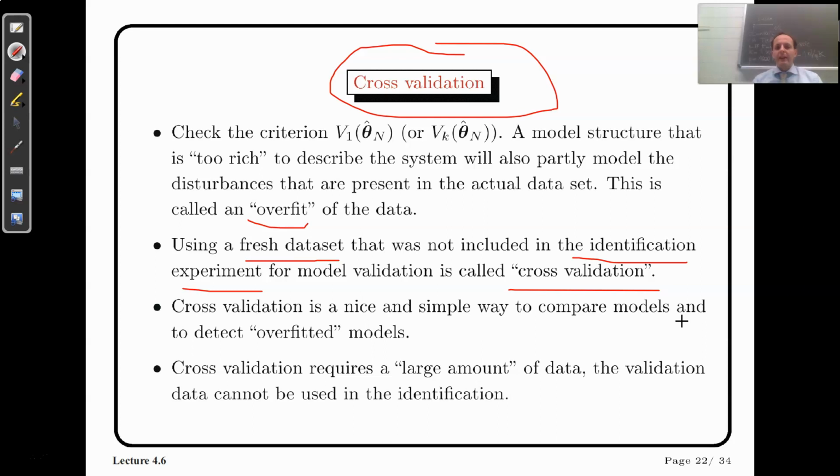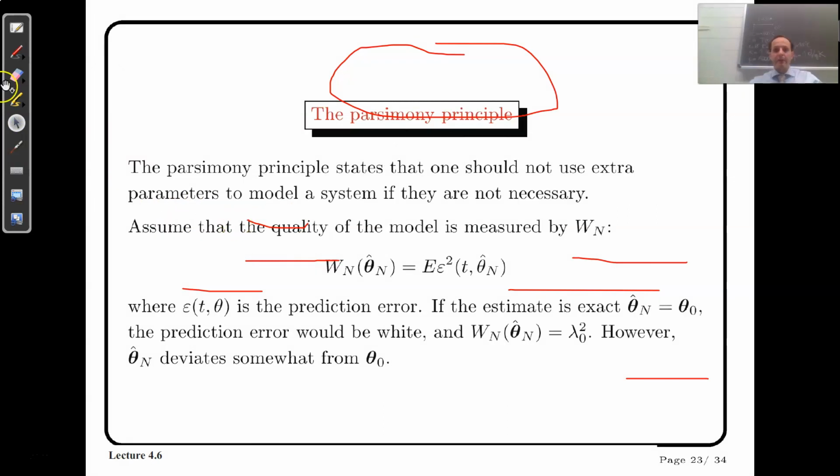Cross-validation is a nice and simple way to compare the models and to detect the overfitted models. Of course, cross-validation requires a large amount of data. And of course, the validation data cannot be used in the identification because they have already been used.